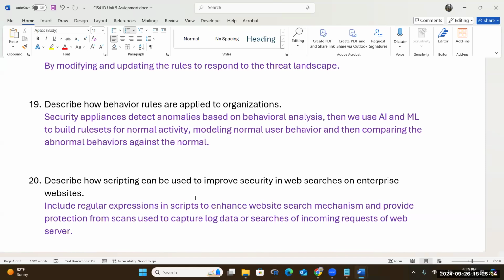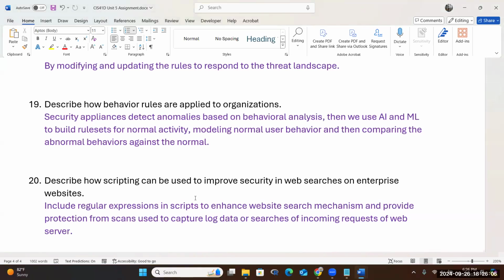The recommendation is that in order to reduce some of the risk of recon on the website for attack, we can implement regular expressions in the scripts to control how the search would work from our website. Let's say you have a website, whether it does retail or just provides information for your company.